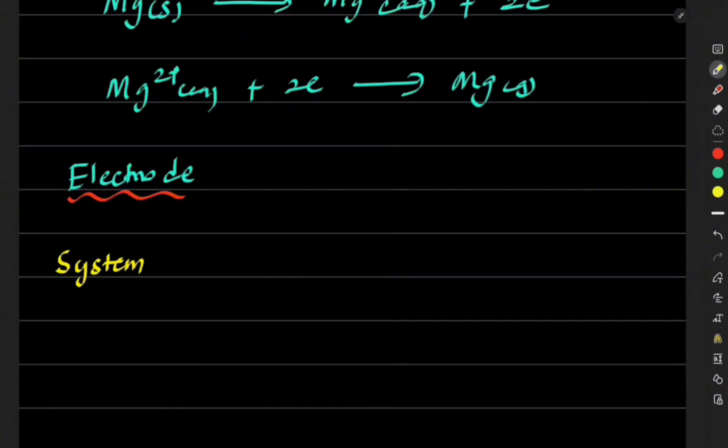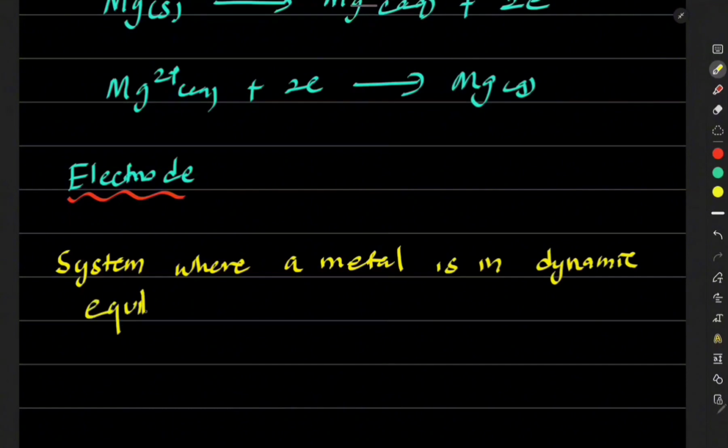A system where a metal is in dynamic equilibrium with its ions.